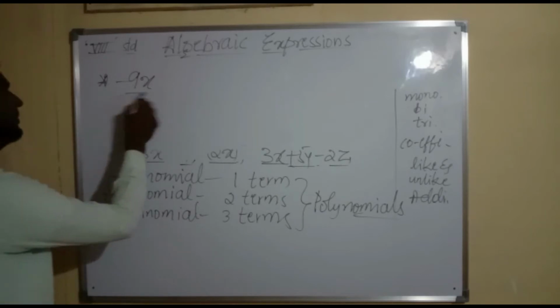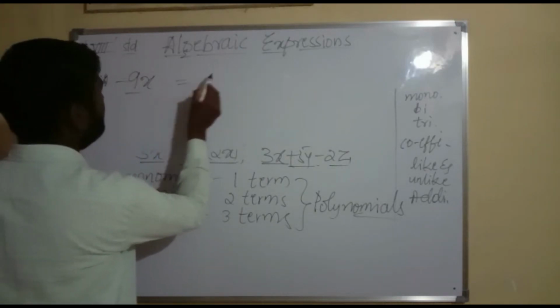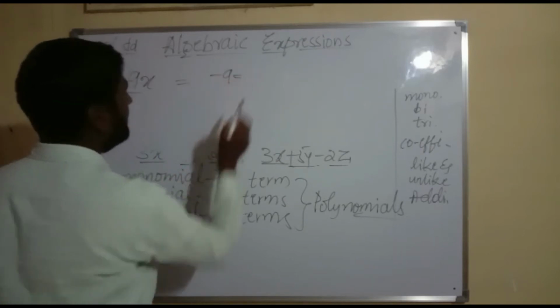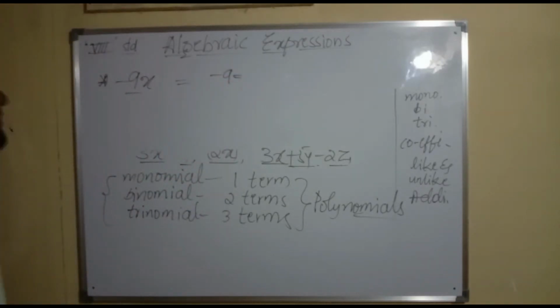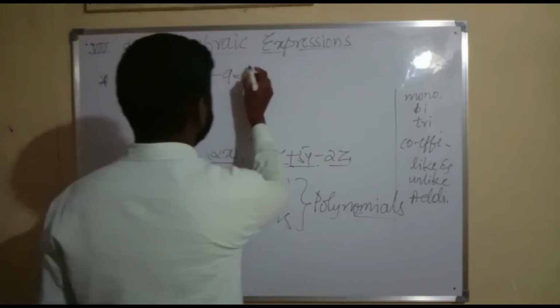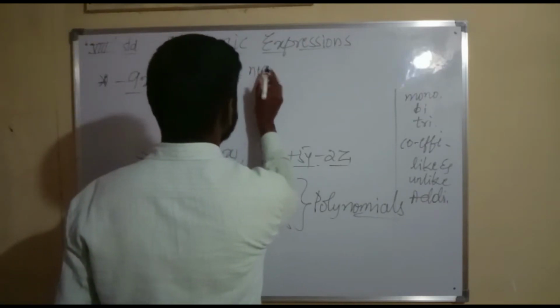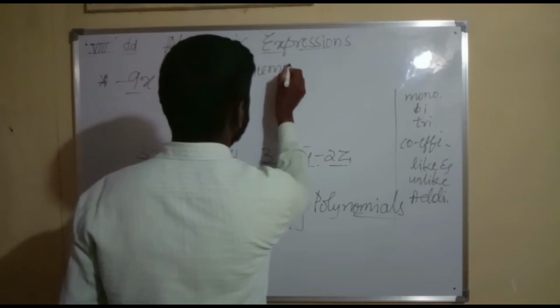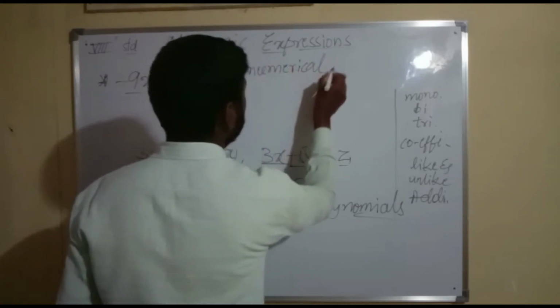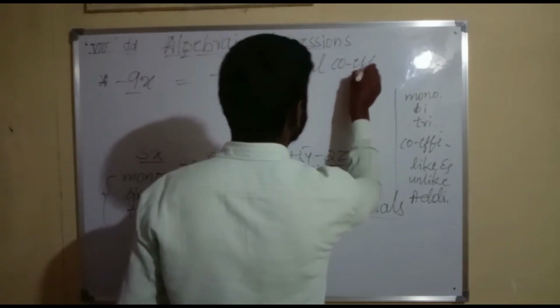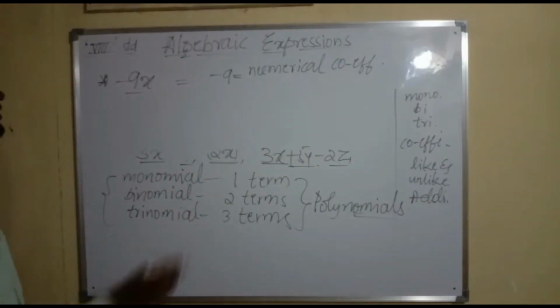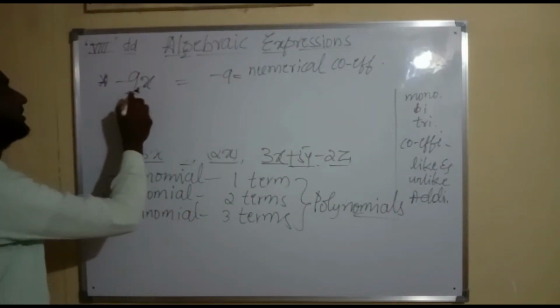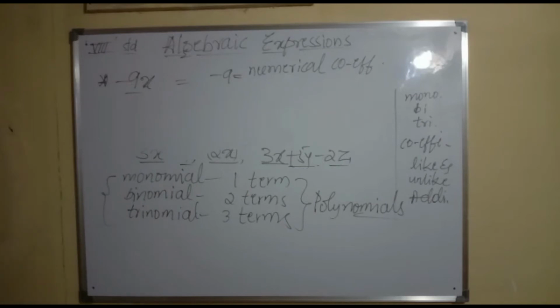In this term, this minus 9 is called the numerical coefficient of x. The numerical coefficient of x is minus 9.